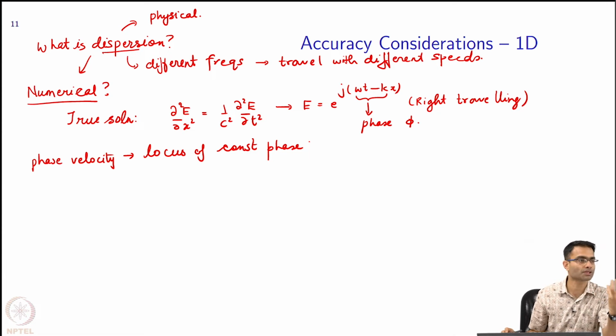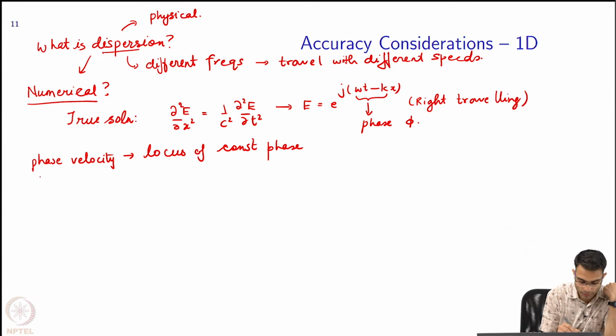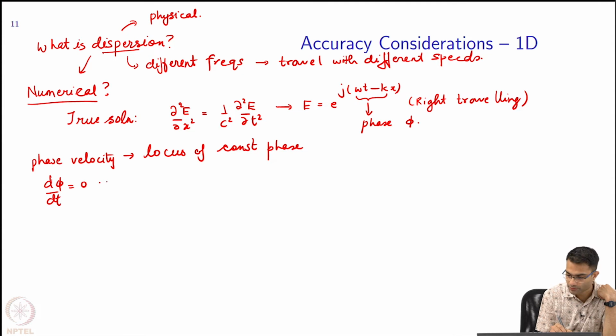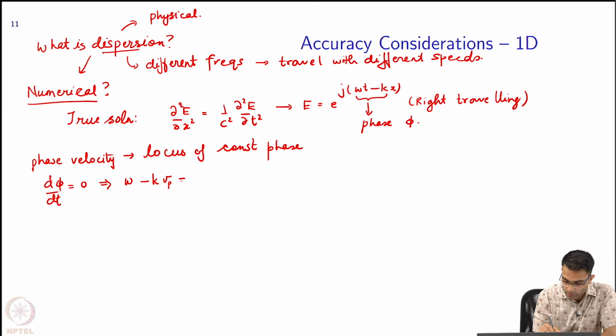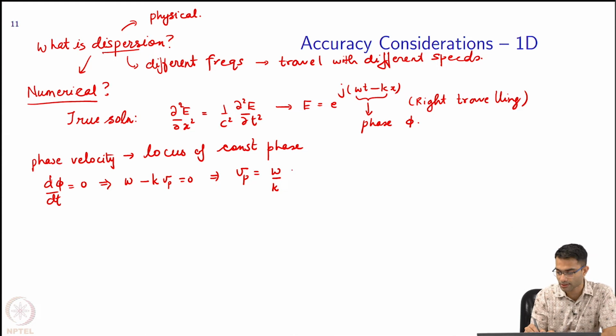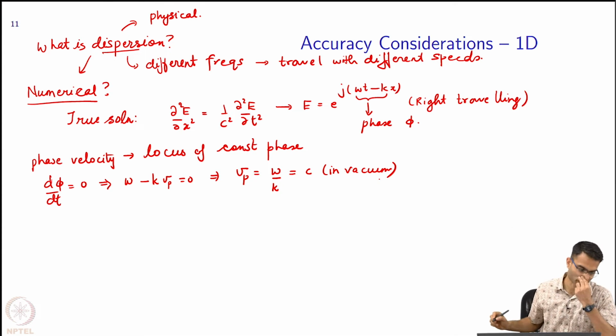So, constant phase means phase should not change with time, right. So, I will do d phi by dt equal to 0, right. So, that gives me, the first term gives me omega and minus k dx by dt, I will call it v phase, okay, right, is equal to 0. That gives me v phase is equal to omega by k, okay, and I know that this is going to be equal to c in vacuum. We know this already.